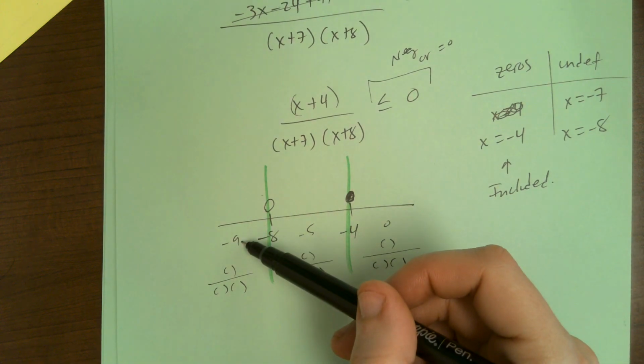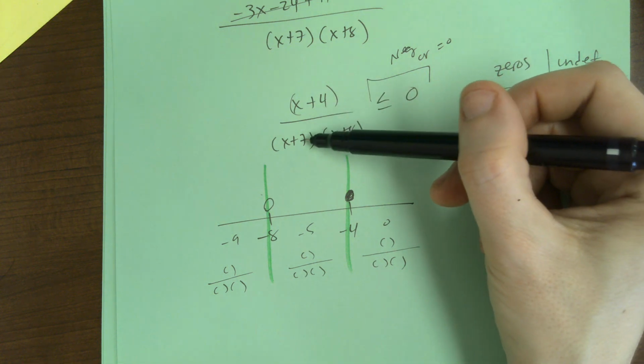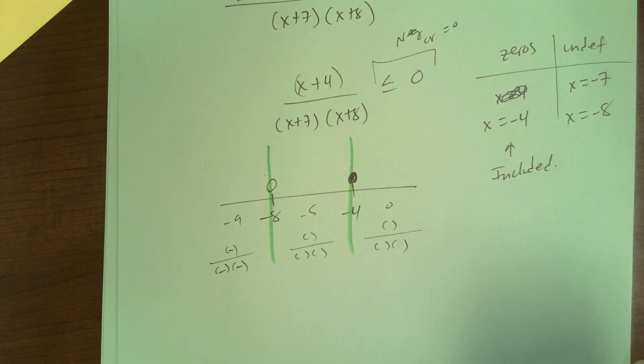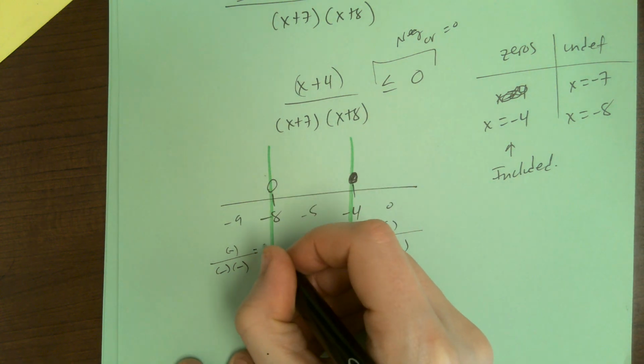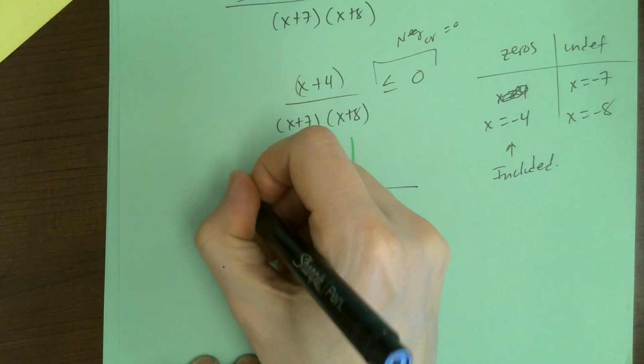So I'm plugging negative 9 in for all these x's, and I'm getting a negative, and a negative. Negative, negative, negative. Which is a negative over a positive, which is a negative, which we want. So check.